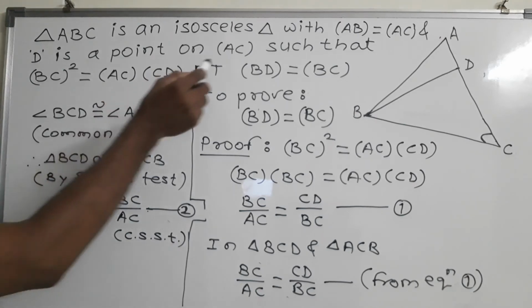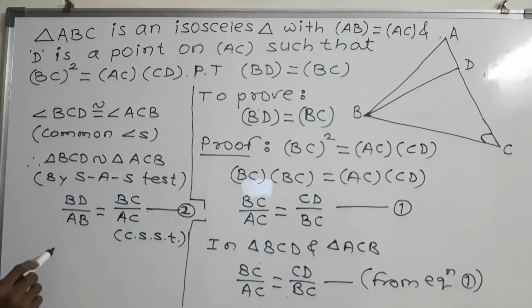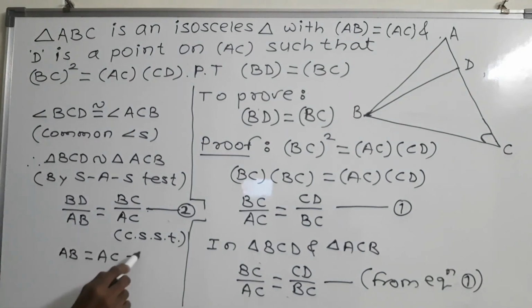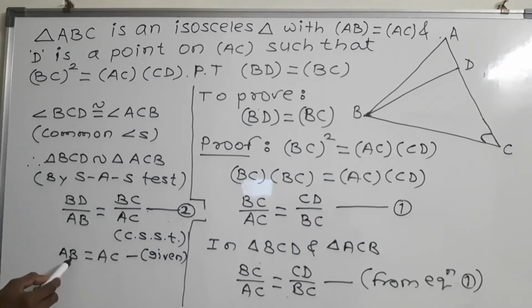Now, we have given AB is equal to AC. We put this value of AB, that is AC, here, and therefore we obtain BD upon AC is equal to BC upon AC.